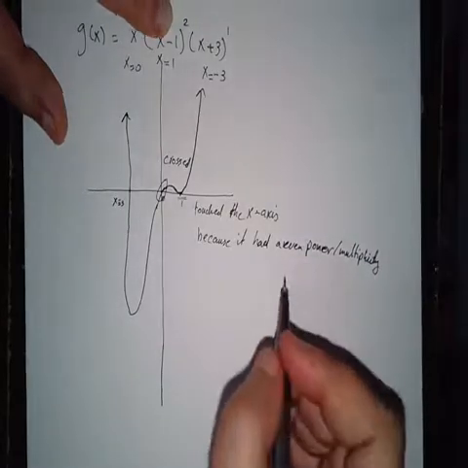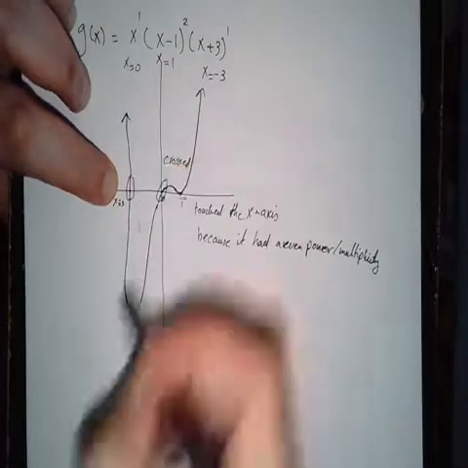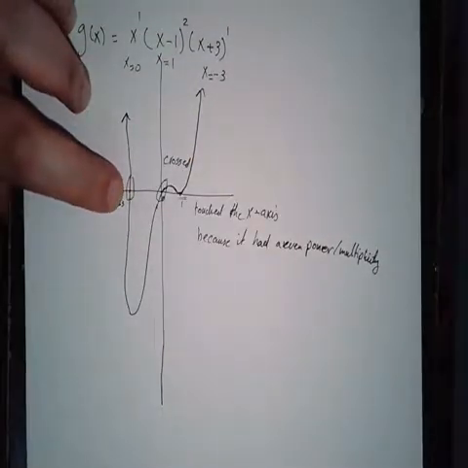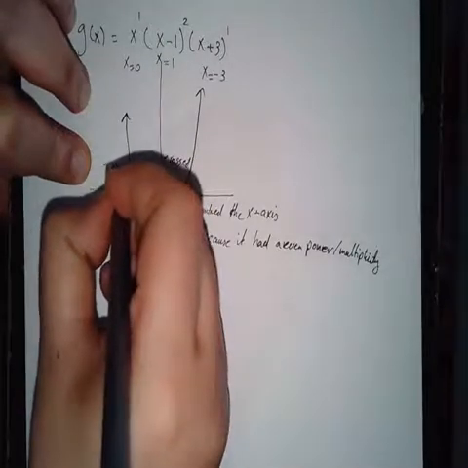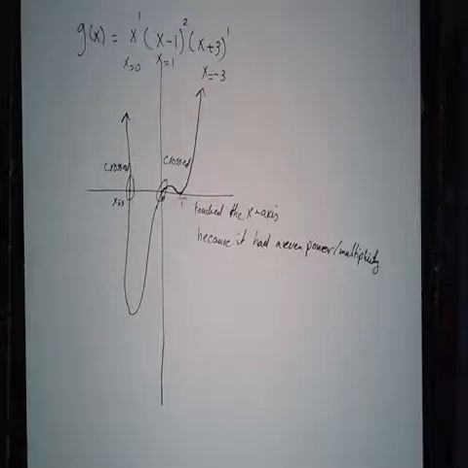Alright? And at this point, as you can see, it obviously crosses, so it goes through because it's an odd power. Alright, so say it with me. Cross is odd, touch is even. So when you see even, you think touch, and when you see odd, you think cross. Okay?